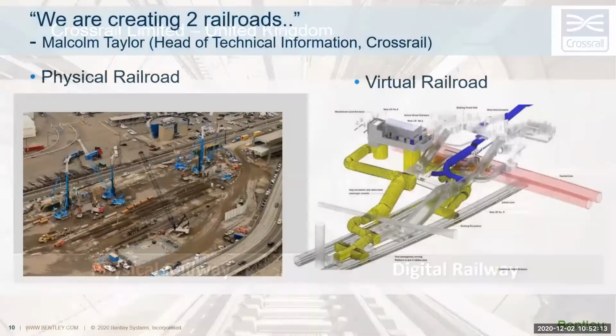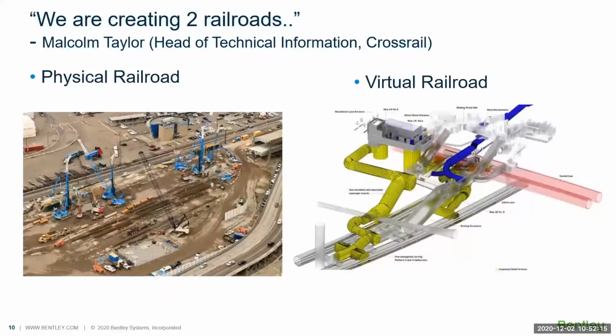Going back to the technical lead in Crossrail, they said they created two railways. The reason to create two railways is not only to help you and me easily access Heathrow Airport through London, but more so that they can use the virtual railway as a digital representation for their operation as well.